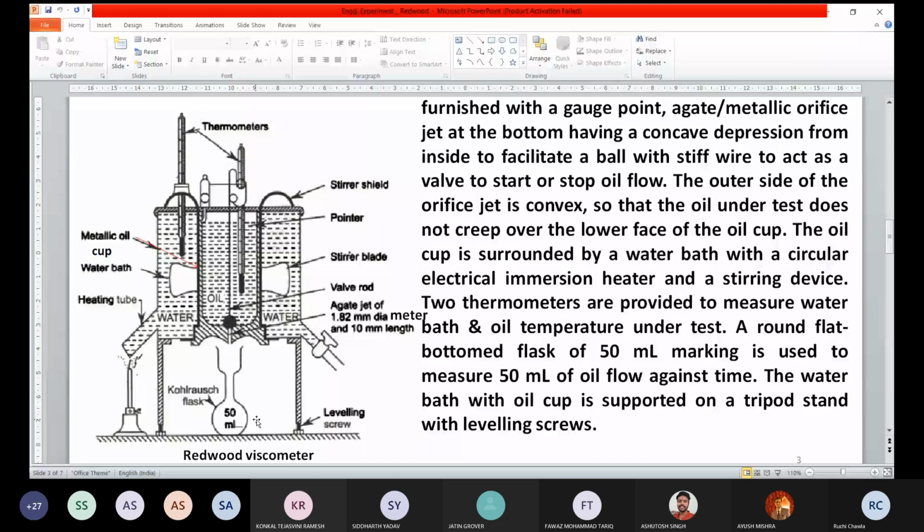Frothing will take place, and you will not be able to record the level of volume clearly. Are you getting my point? If bubbles form at the surface, then you won't be able to see the level clearly. So just to avoid that, the specific shape of the Kulrausch flask has been shown in the diagram.